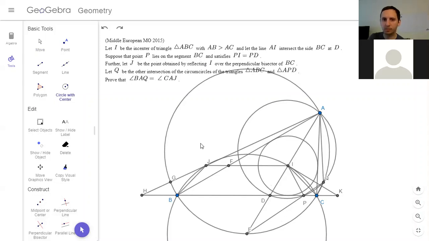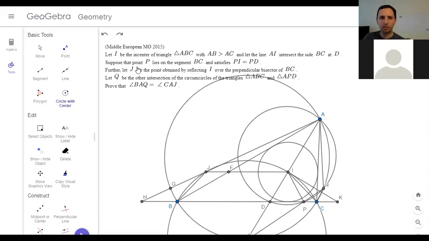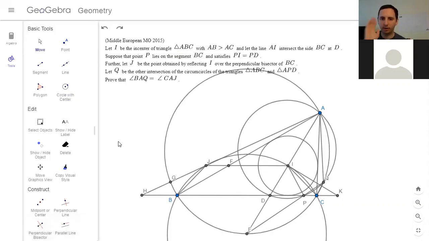Maybe it doesn't. Can we compute IJ somehow? That would be interesting.